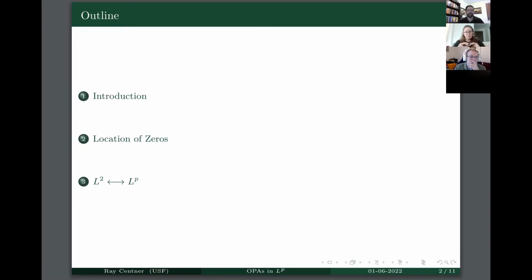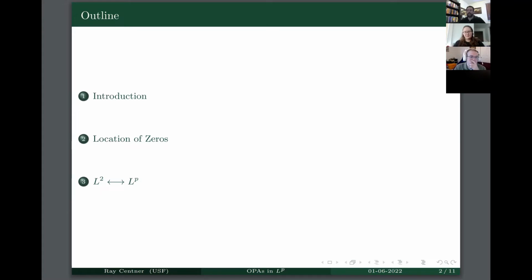In section one, I'll talk about the reason why I think location of zeros is something of interest. And also, more importantly, in section two, I'll present a conjecture that I've been working on. One of my goals for this talk is to get some people interested in this conjecture as well, so that you can join me in trying to resolve it.